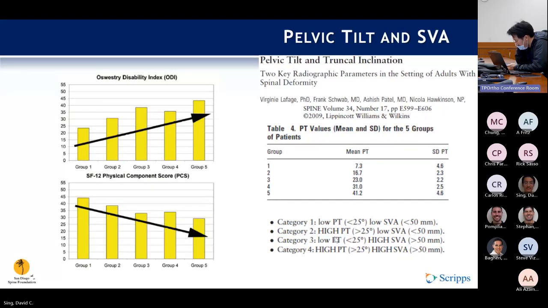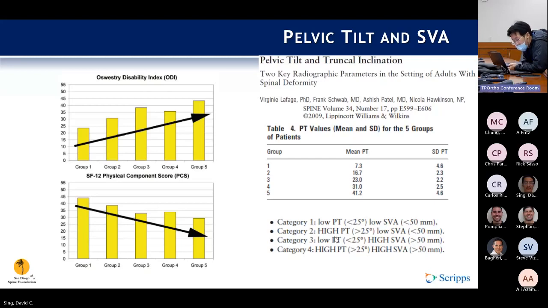So they surmised from this that high pelvic tilt is probably your compensatory mechanism when you're starting to lose lordosis to help keep your balance in harmony. So from these groups looking at their pelvic tilt, they found that as you had higher pelvic tilts, the disability scoring was higher, meaning worse, and the physical component scoring on SF12 was also worse.